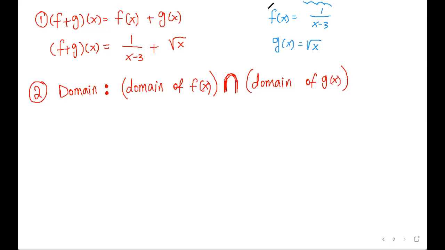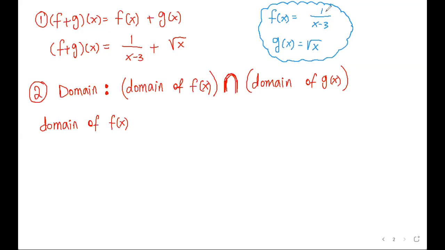What is the domain for f(x)? So all real numbers except for 3. Perfect. Thank you so much. And Angel said all real numbers, not 3. Yes, this is right.